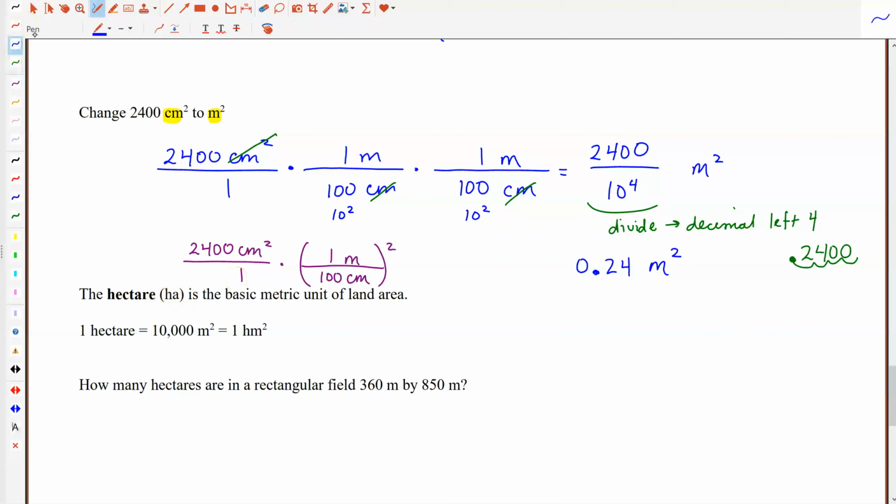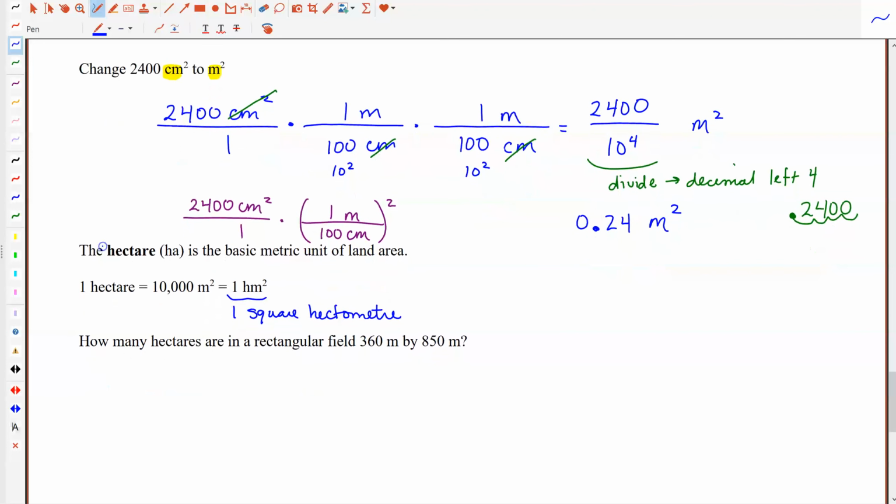The relationship is 1 hectare is equal to 10,000 square meters, or 1 square hectometer.